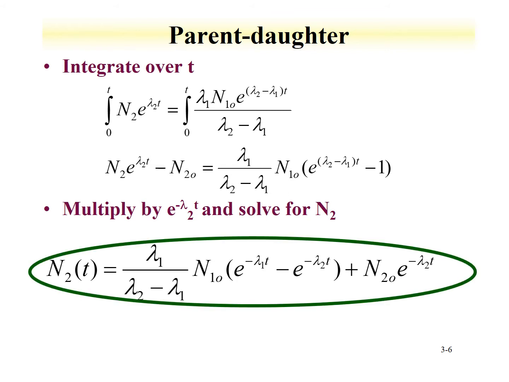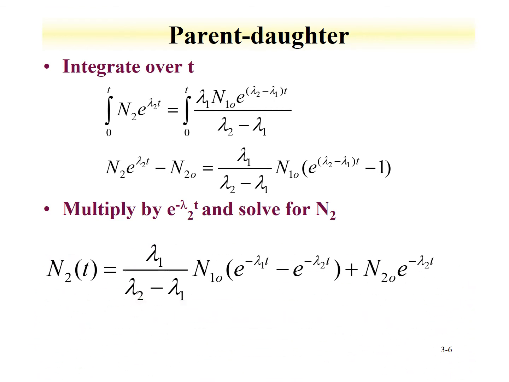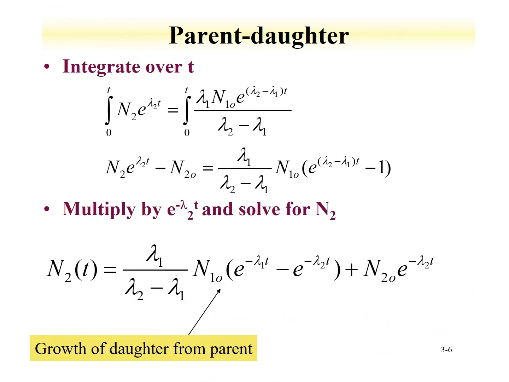Now we have this relationship which we can use to understand how much daughter is present at a given time t based upon an initial amount of parent and even an initial amount of daughter. So we have part of the equation which describes the growth of the daughter from the parent, and then the initial amount of daughter. So pretty straightforward. We have these two components that provide information related to the amount of the daughter available at any given time.